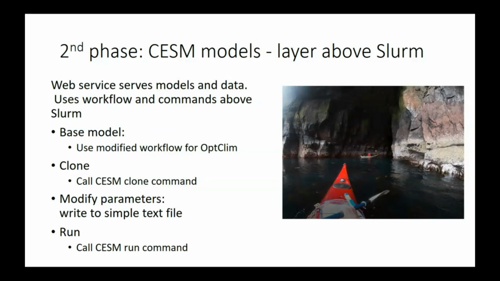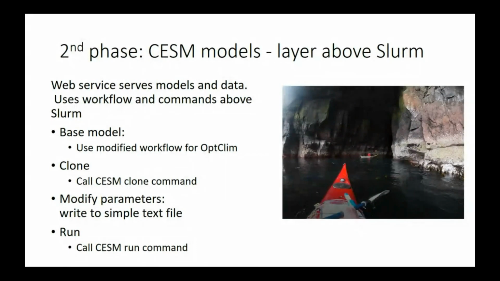Cloning is very easy because there is a clone command. Modifying parameters is straightforward because you can write the parameter values you wish to change to a simple text file, and within the CESM workflow, it assimilates those new values and uses them in its namelists and what have you.